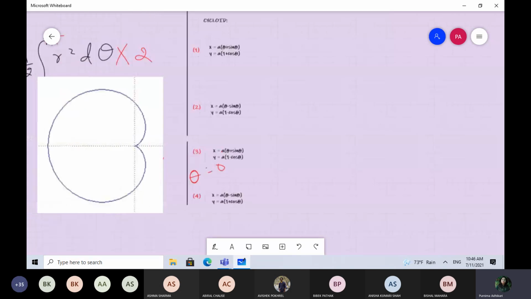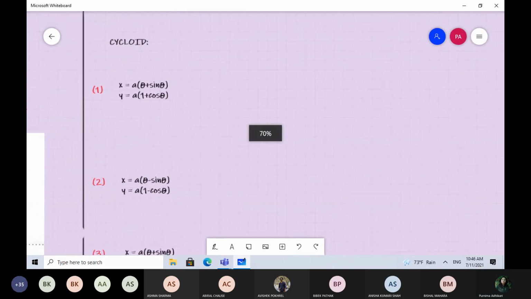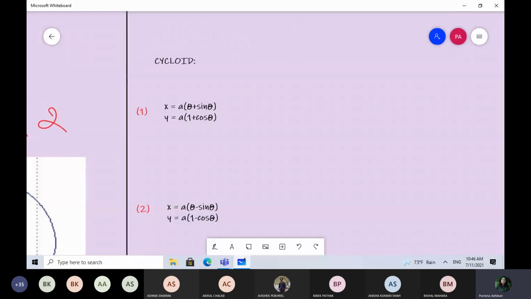Look at the equation and tell me what type of equation this is. We have 4 equations for cycloid, and each of the 4 equations will give you a different cycloid. Like we have talked about 4 rose petals, 2 cardioids, and now 4 cycloids. So what type of equation is this? Is this a polar equation or a parametric equation?